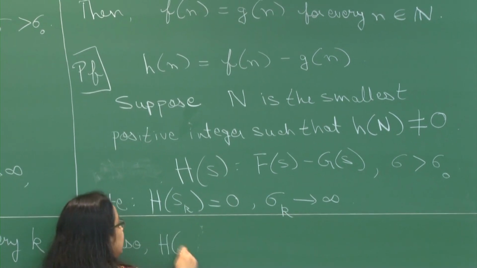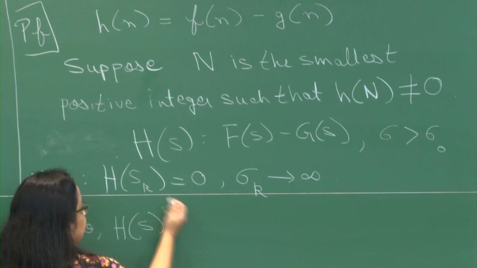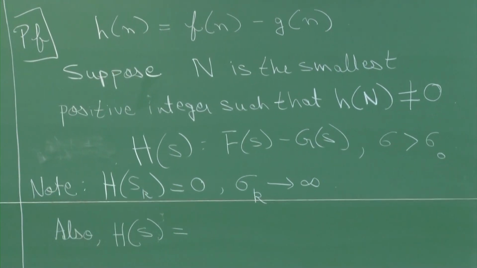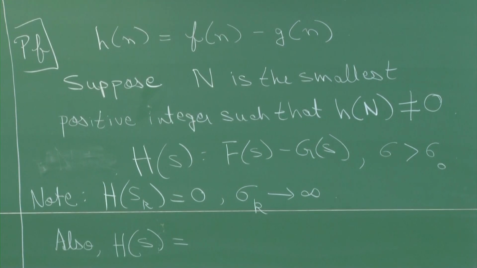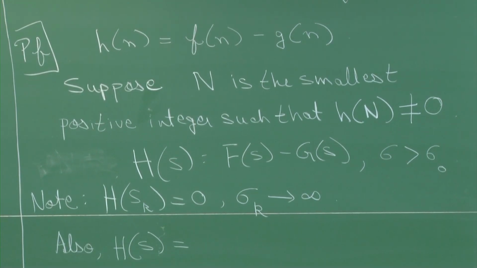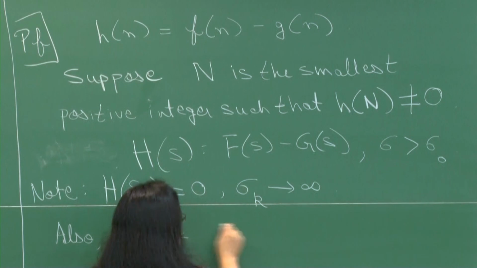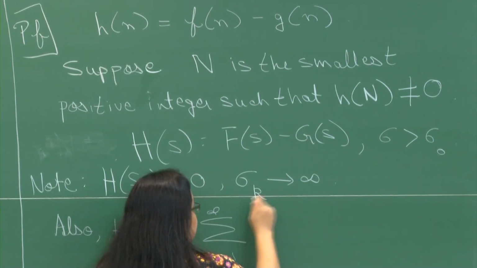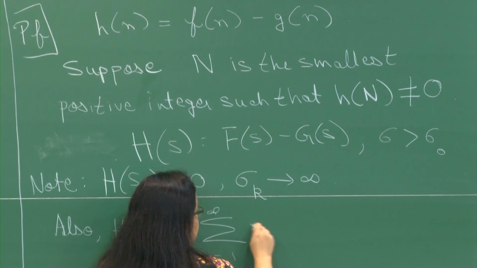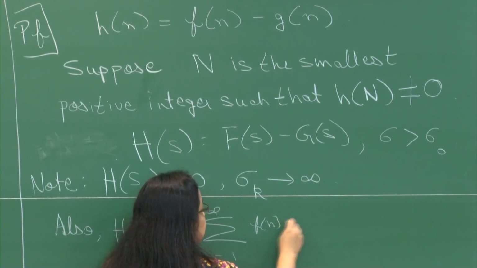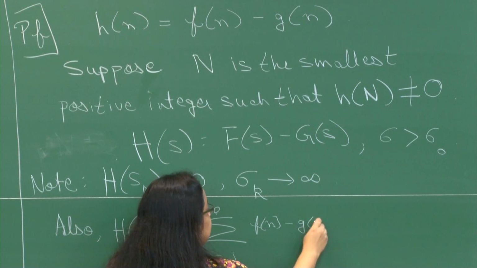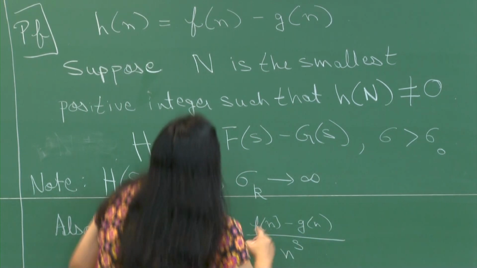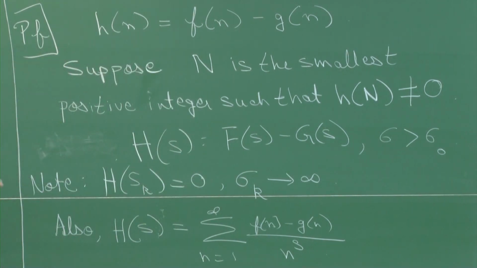First of all, what really is H of s? We partition it into two parts. We first write it as this infinite series, n going from 1 to infinity of f of n minus g of n over n raised to the s, which we have also denoted as h of n.